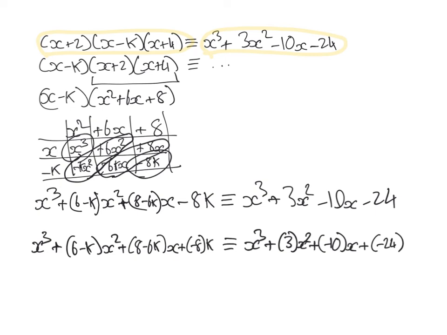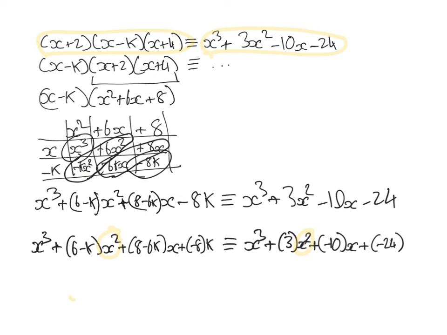Now we can do what's called matching coefficients. We can take the coefficient, which is the term or the number usually in front of a power of x, and match it with its pair on the other side. So, for instance, if we look at x squared, there's an x squared, there's an x squared, they're both positive. If these are identical, that means the coefficients have to be identical.